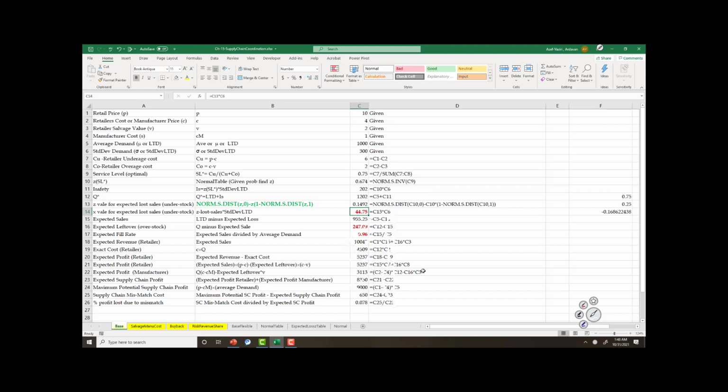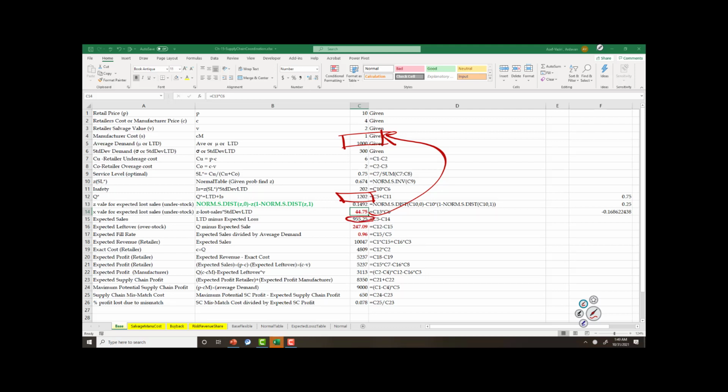Now we want to compute expected sales. From what should I subtract my expected loss? From what I have ordered or from average demand? From average demand, because in the best case, I can sell average demand. If I subtract expected loss from average demand, I will get expected sales.